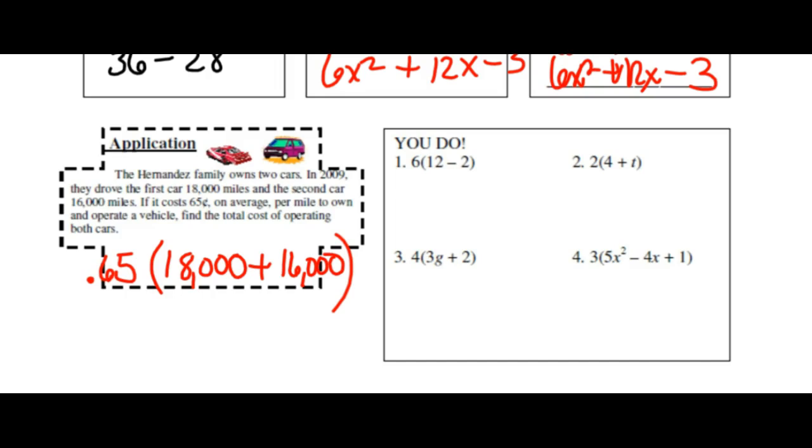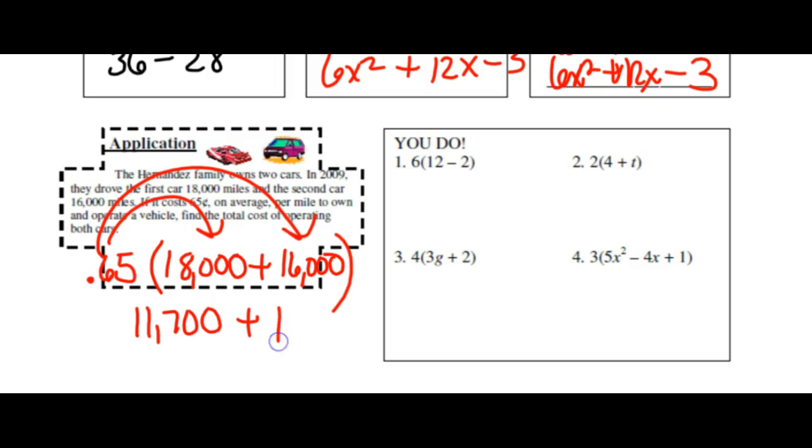And this is an example where you would use the distributive property. So then we can distribute 0.65 to 18,000. And we get 11,700 plus. And we would distribute that 0.65 times 16,000.